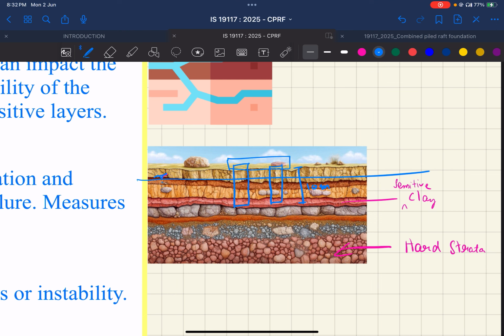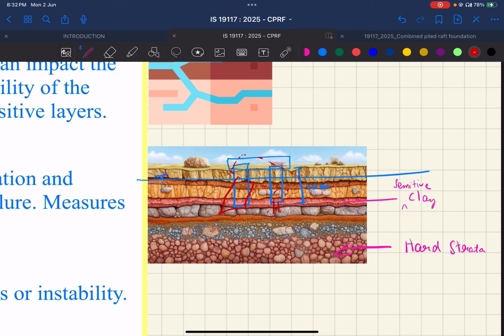So what happens now? Over the time period, it gets settled, and a deformation will take place in this form. My pile foundation will get tilted like this.